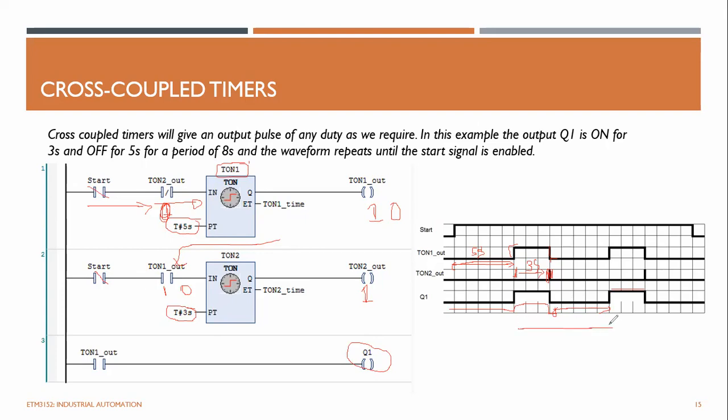The sum of these two times is 8 seconds. You can adjust this 5 seconds here using this one, and adjust this 3 seconds here using this one. Likewise, you can implement any arbitrary square wave type waveform, adjusting to any off delay and on delay. That is what we call cross-coupled timers.